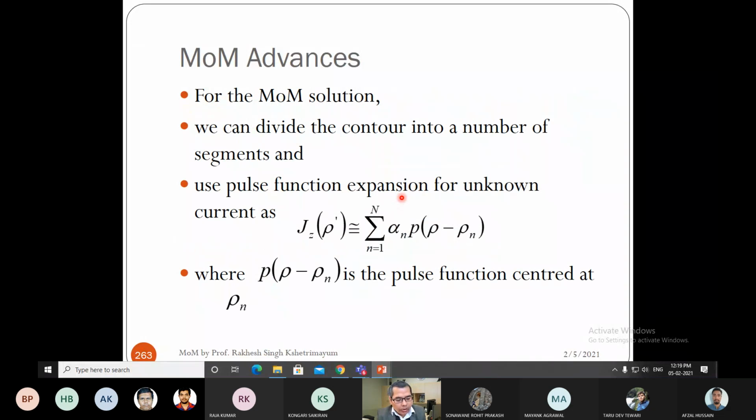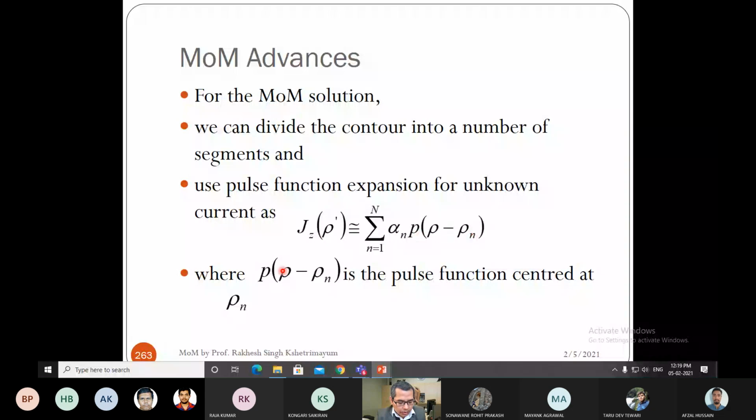So let us apply MoM. We have the electric field integral equation. I want to solve the electric field integral equation by using the method of moments. The first step in the method of moments is you approximate the unknown current density by some known basis function: summation n going from 1 to capital N alpha n, p(rho minus rho n).